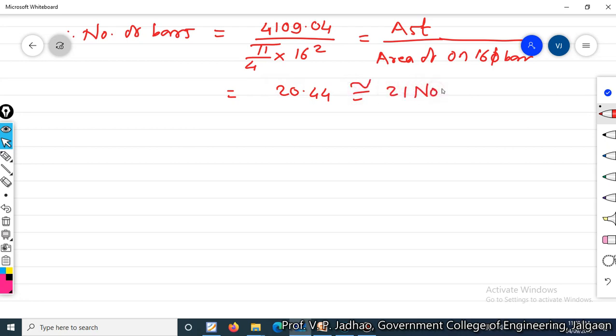So we'll be providing 21 bars at the top face along the length of footing.